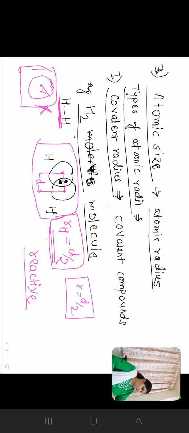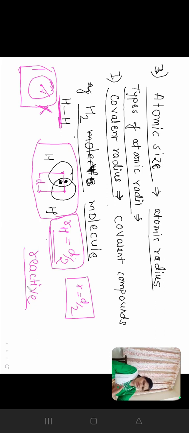Can you repeat once? It is very difficult to measure radius of single atom. In the next line, in the sentence, it is written twice that it is very difficult to measure radius of single atom. Okay, sometimes we say things in between, so it happens. Fine. You can adjust according to your own language.